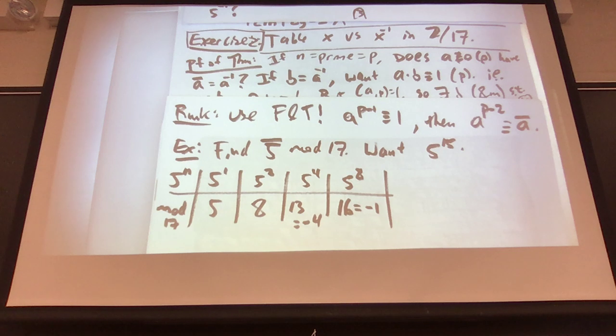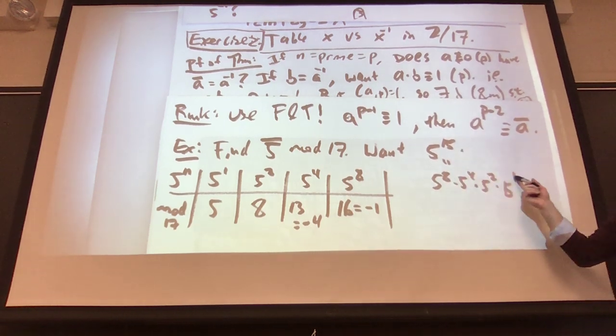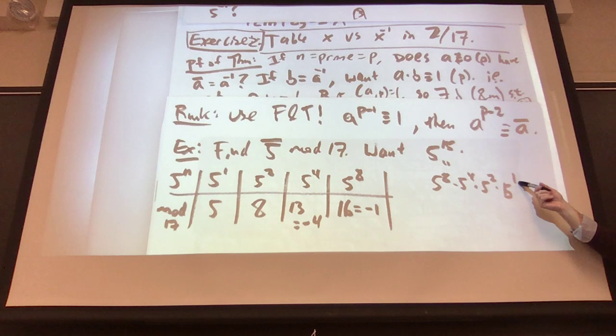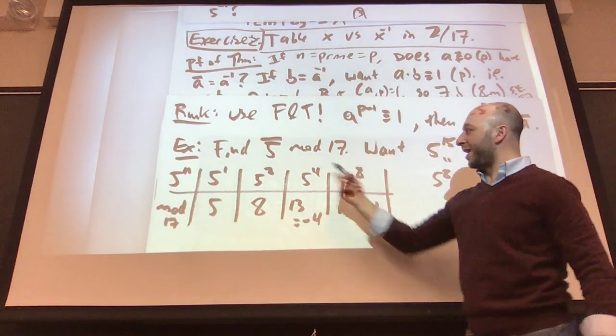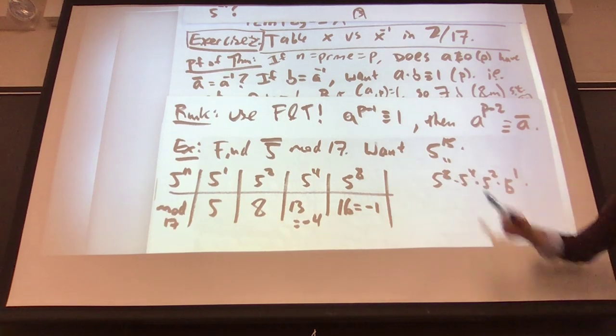And now I'm done, because 5 to the 15 is 5 to the 8. 15 in base 2 is 8 plus 4 plus 2 plus 1. So you write your exponent in binary, and then you very efficiently, by repeated squaring, can find this thing.